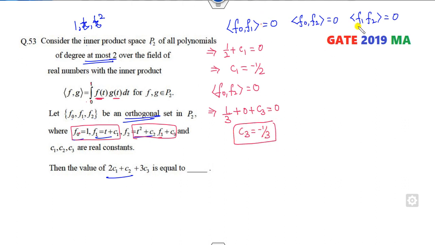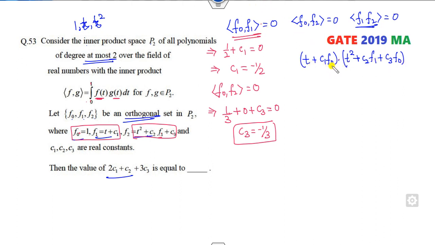Fine. Now the third condition is f1, f2. So f1 I can write as t plus c1, and f0. Fine. Dot product of f2. f2 I can write as t square plus c2 f1 plus c3 f0. Why do I write it as f1, f0? I can use this property.